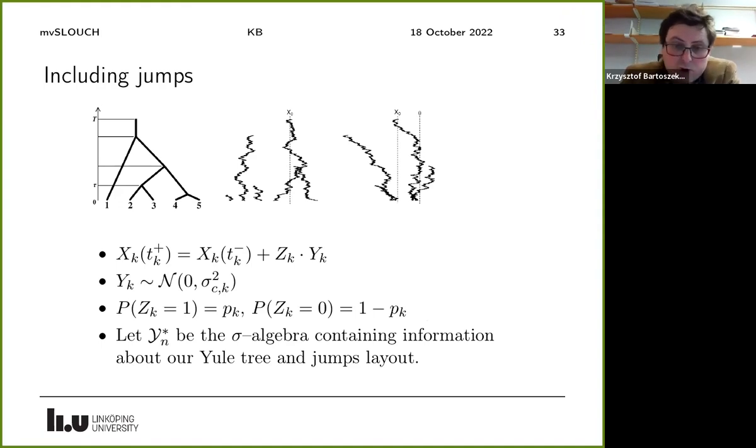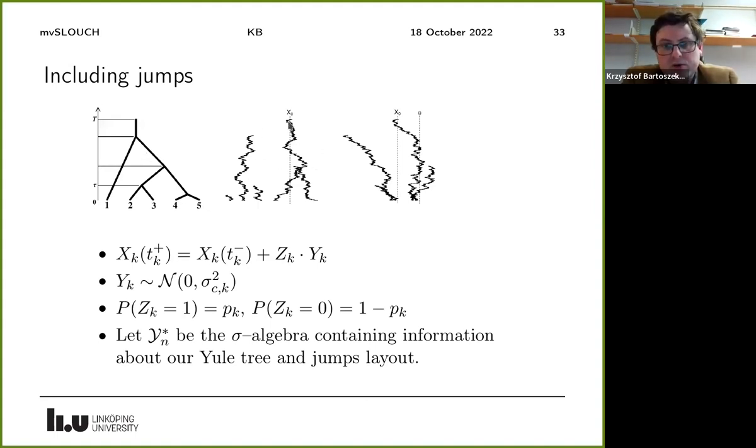And finally, what we also generalized, these Ornstein-Uhlenbeck processes, we introduced models with jumps at speciation points. So this is kind of biologically interesting, that when two species diverge, that they form different species, that maybe some sort of very rapid or very quick changes in the traits took place, which would mathematically correspond to just a jump taking place.